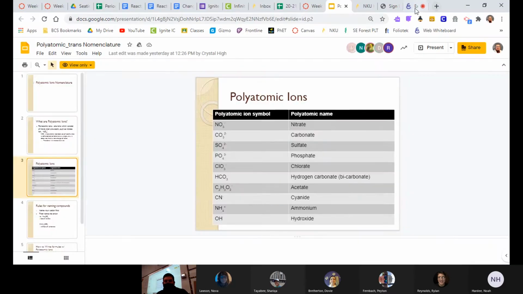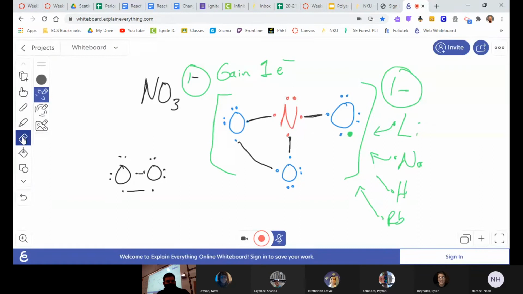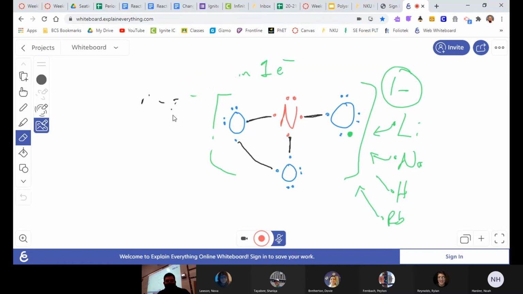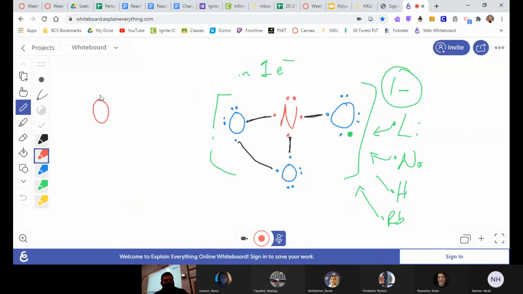So again, if we go back to the drawing real quick, and I have oxygen and hydrogen, I still need 1 more electron. So this is an ion, -1, called hydroxide.